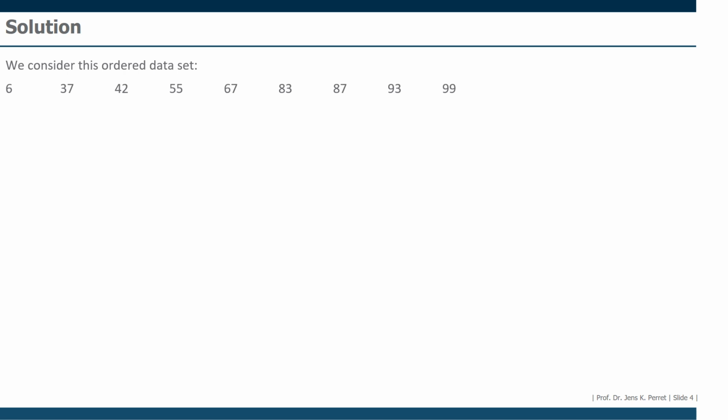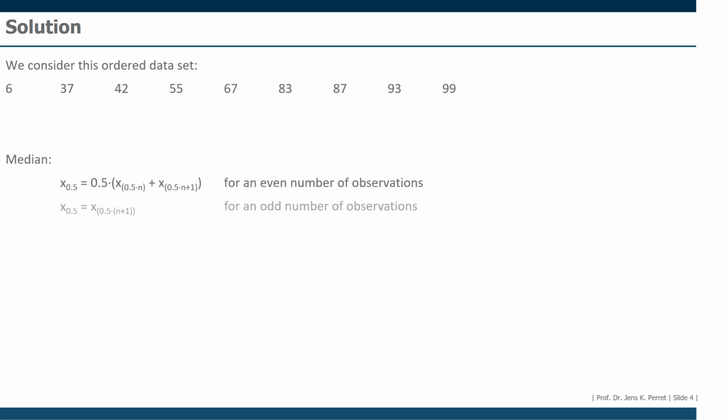As I said, here we're going to use this ordered data set. And for the median, we first have to decide which of the two formulas to actually use. As we can see here, it always depends on whether we have an even or an odd number of observations. In this situation, we have 9 observations. So it's an odd number of observations, meaning we're going to use the second of the two formulas.